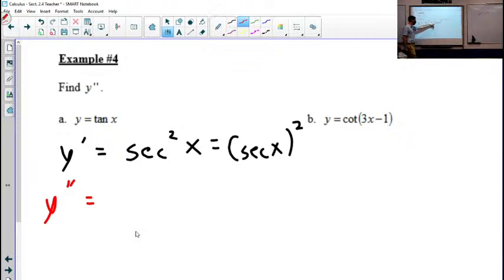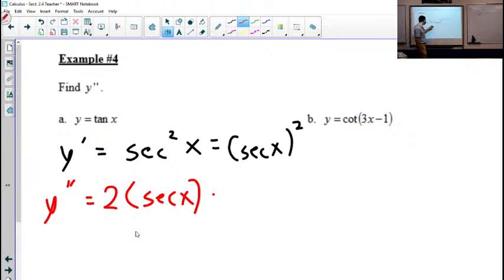So we want outside derivative. Derivative of something squared is 2 times the thing. So 2 times secant of x, times derivative of the inside part. Derivative of secant x. I want you to go back and study these if you don't know.